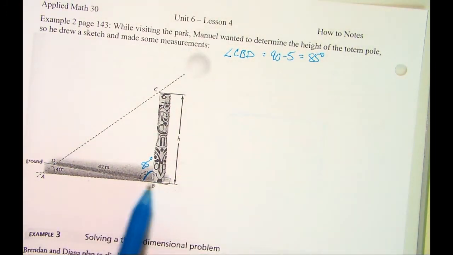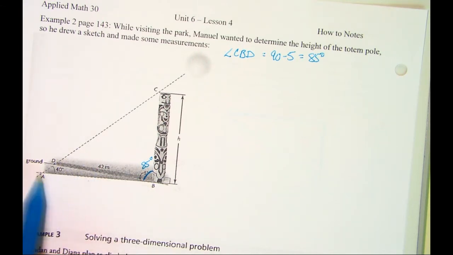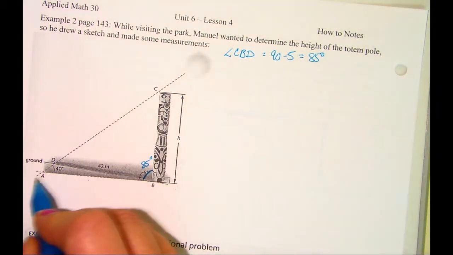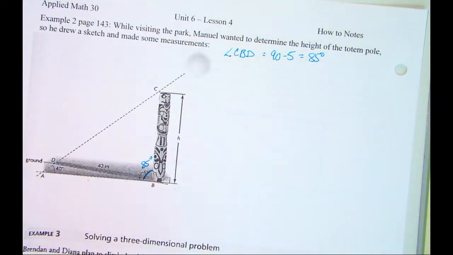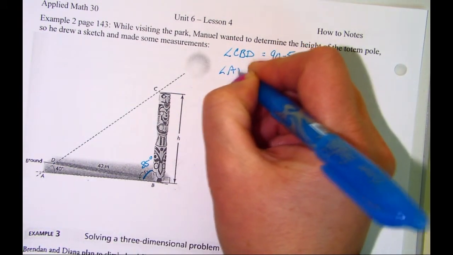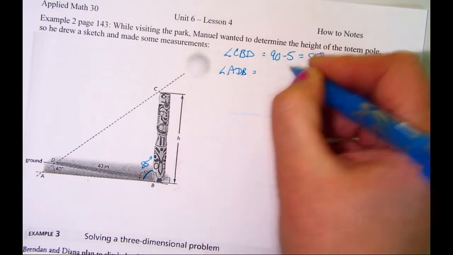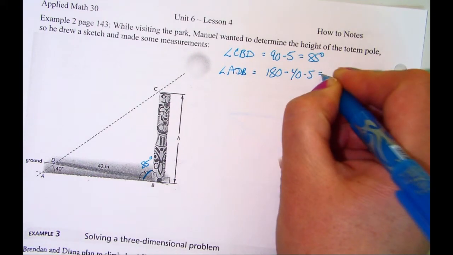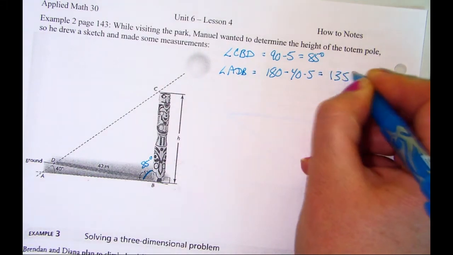So here's a little triangle here, right? This little wee one here. And we know this angle and this angle, so we can find the other angle. Okay. So, what angle is that? ADB. It's going to equal 180 minus 40 minus 5, which equals 135.